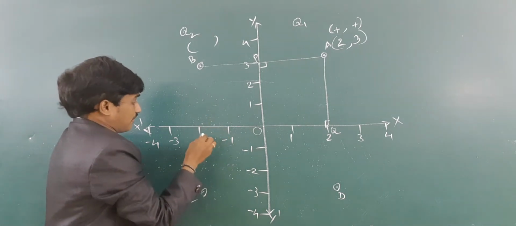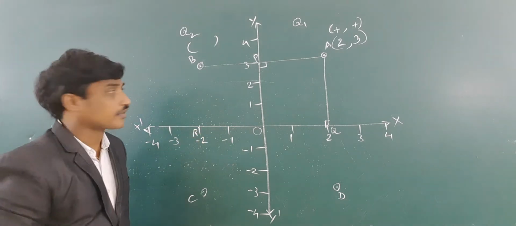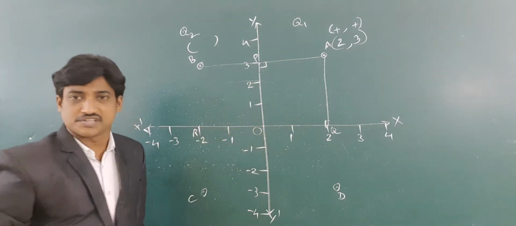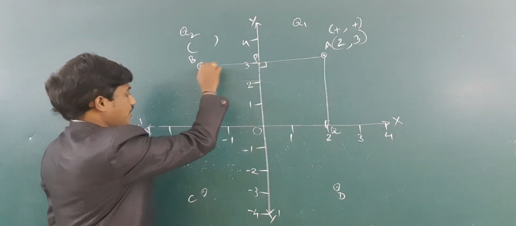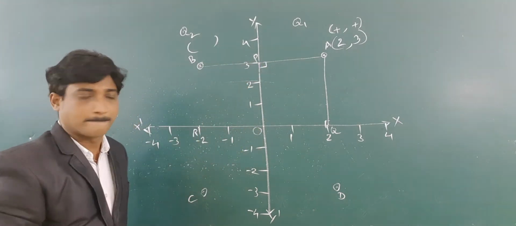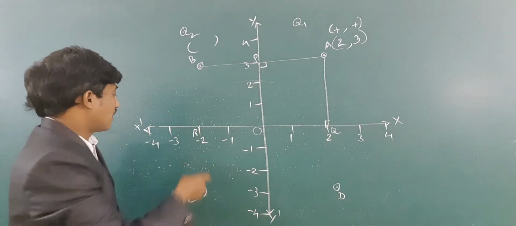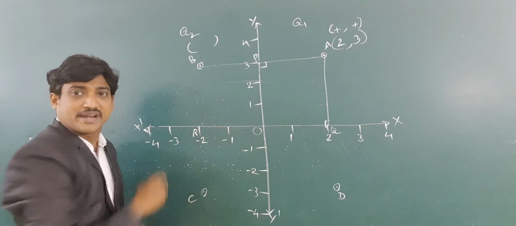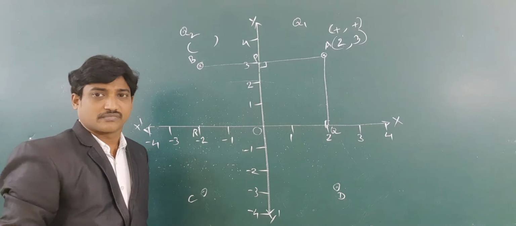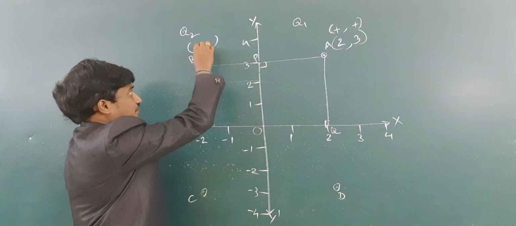Let me take this point as R. The distance BP and RO are the same: RO is 2 units, BP is also 2 units, but BP is along OX', that means the negative x axis, so we take the distance moved as negative.